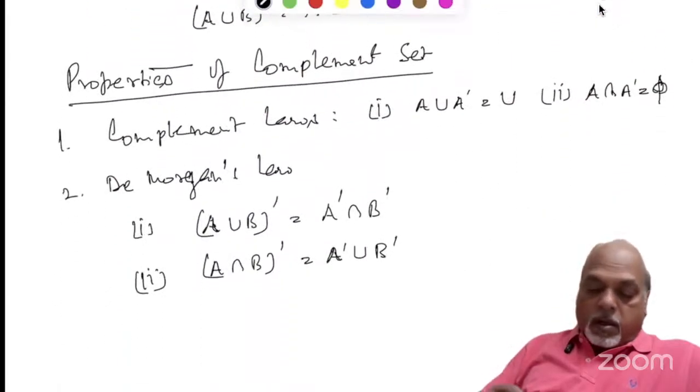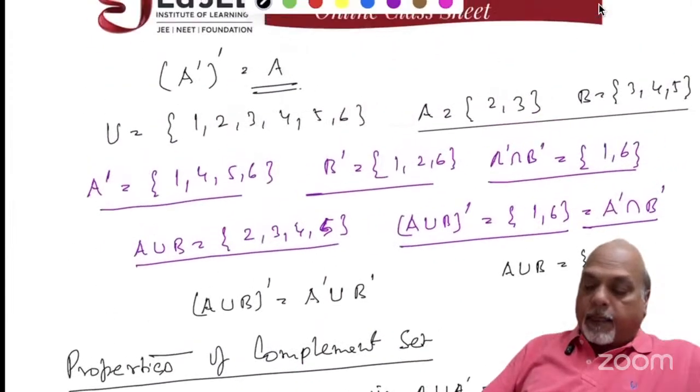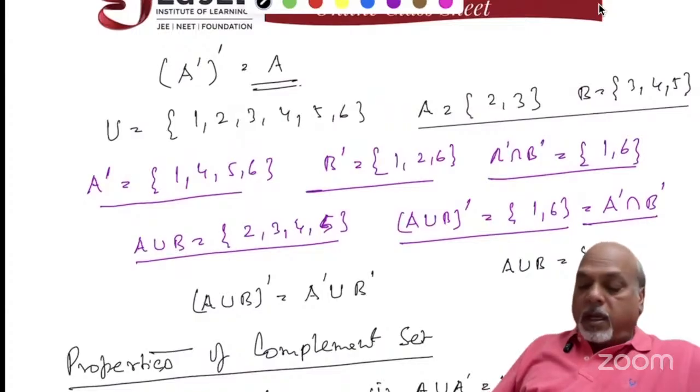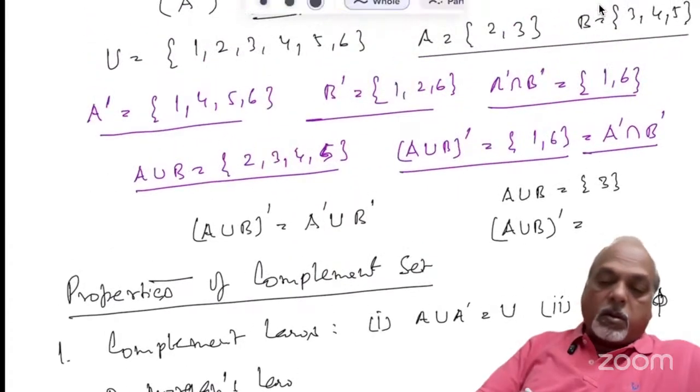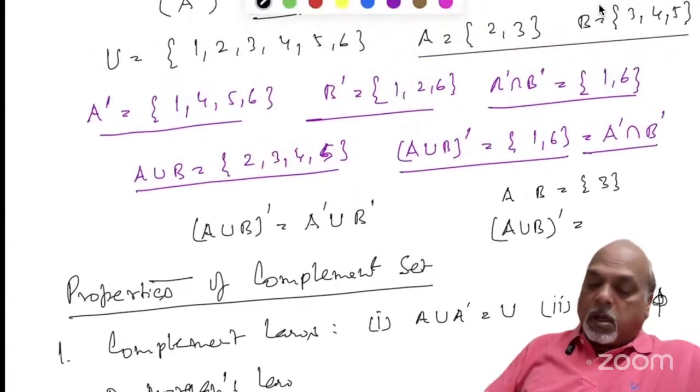Then the complement of this. Here basically we are finding the complement of the intersection.